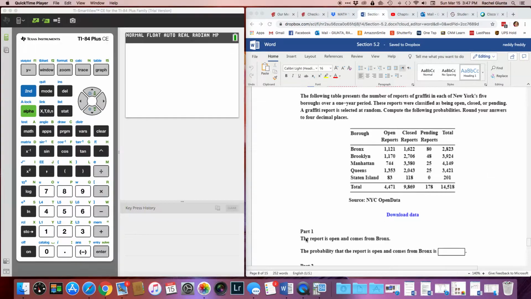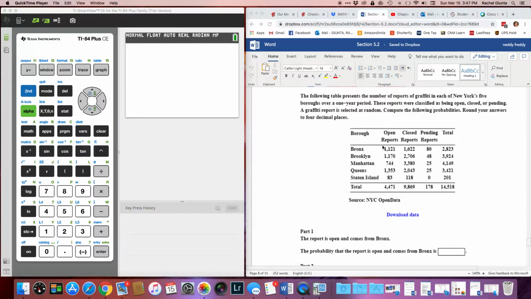Okay, so first it asks the probability that the report is open and comes from the Bronx. Usually if you've got something with "and" in it, you're just going to be using one number from the table. So in this case, open and comes from the Bronx.